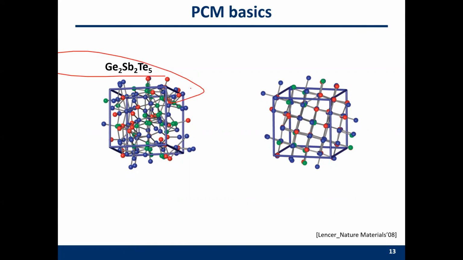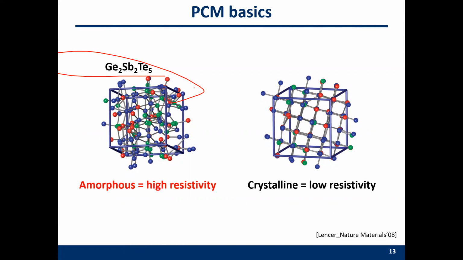The material can be in two states. The first one is the so-called amorphous state. It has high resistance. The other one is the crystalline state. It has low resistance. By the application of heat, we can switch between these two states. By high resistance and low resistance, we can store 1 and 0.